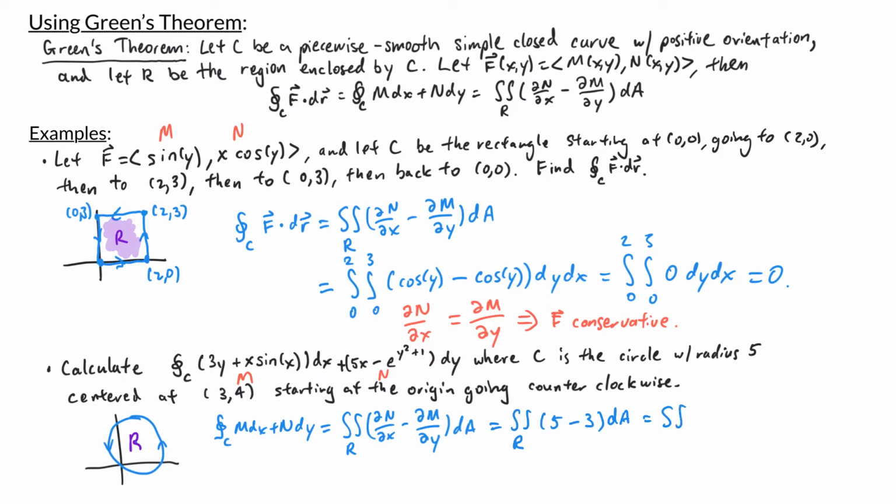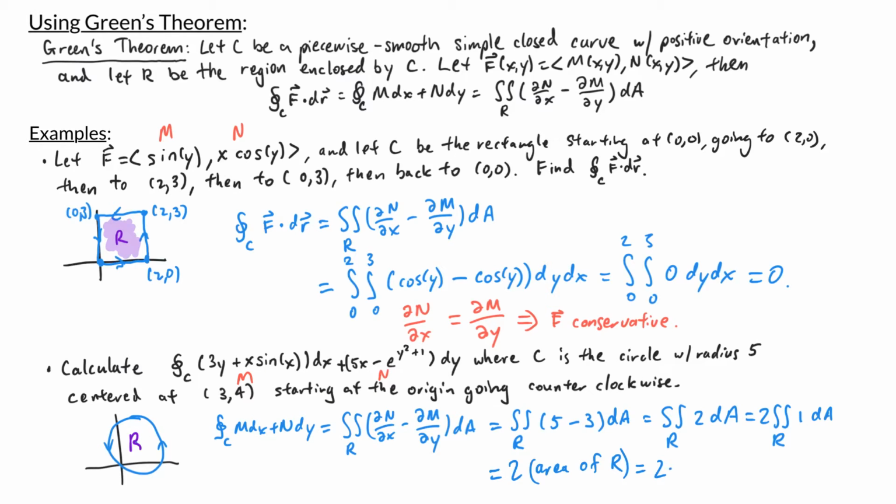So I'm looking at the double integral over the region R of 2 dA. If I factor the 2 out, this becomes 2 times the double integral over the region R of 1 dA. Now if you recall, whenever I have the double integral of 1 dA over a region R, that's just the area of the region R. So this is 2 times the area of R.